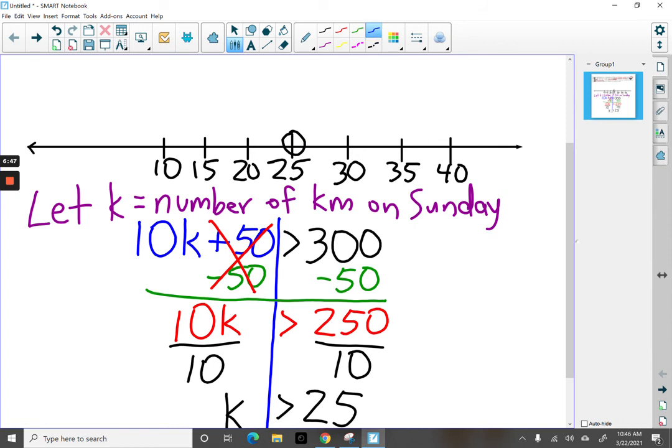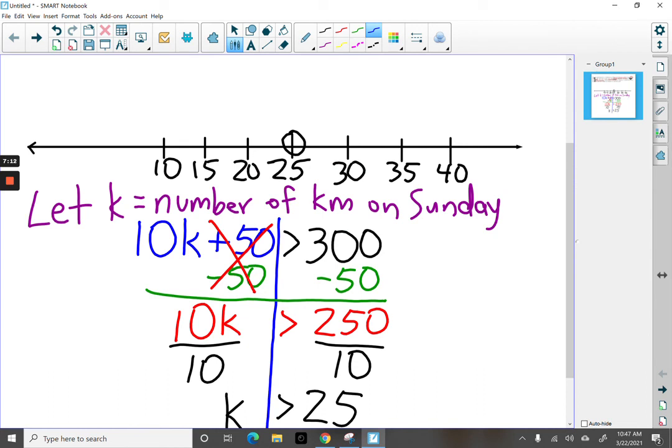Now my last step right here is to see which way my line and arrow are going to go. Which direction is K going to be greater than 25? I'm just going to think of which numbers are greater than 25 and actually go ahead and substitute them in. 30 is greater than 25. 35 is greater than 25. 40 is also greater than 25. 20 is not. 15 is not. 10 is not.